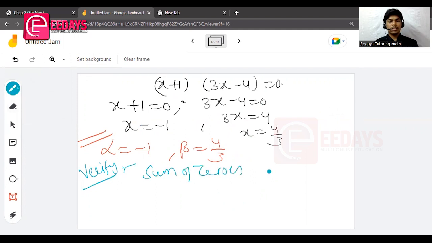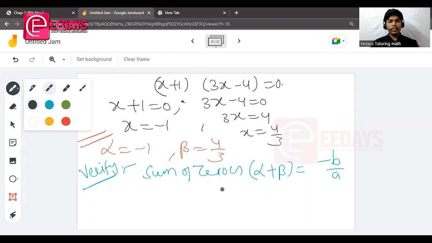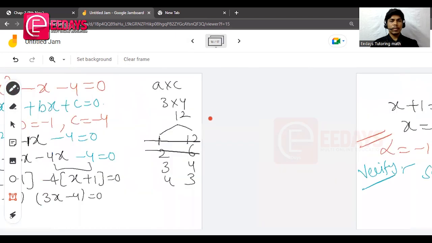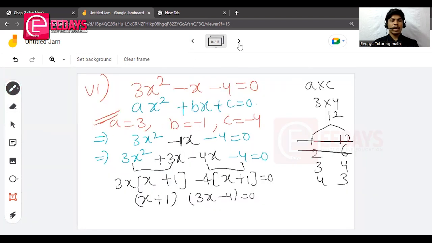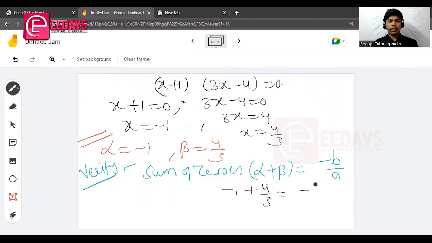Sum of zeros, that is nothing but alpha plus beta is equal to minus b by a. Alpha and beta we just got: minus 1 plus 4 by 3. Minus b by a is nothing but here b is minus 1 and a is 3, so minus of minus 1 by 3. Okay. 4 by 3 minus 1.